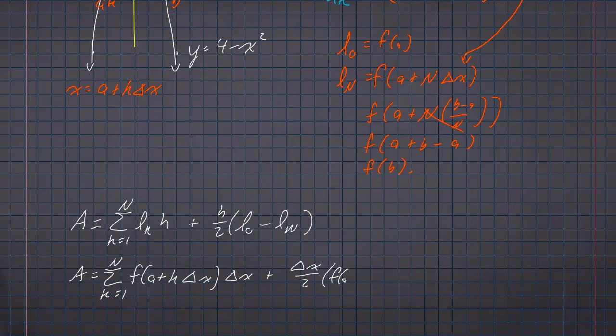L0 is again f of a, Ln is f of b. This formula is called a Riemann sum, named after a mathematician named Riemann, who really did a lot of work with the analysis here. It was one of the main springboards that Isaac Newton used in his development of calculus, or Leibniz in his independent development of calculus.